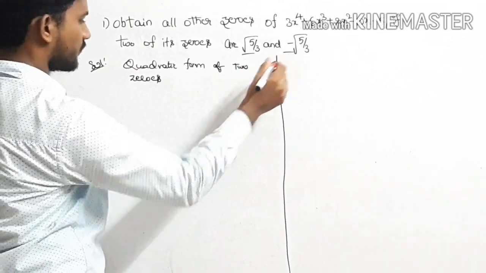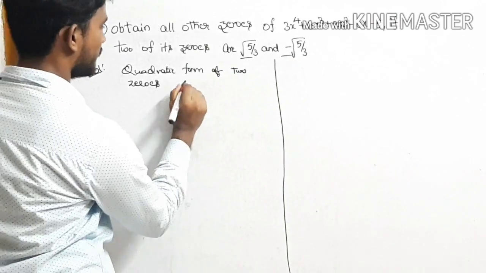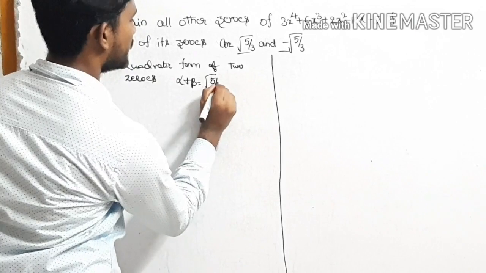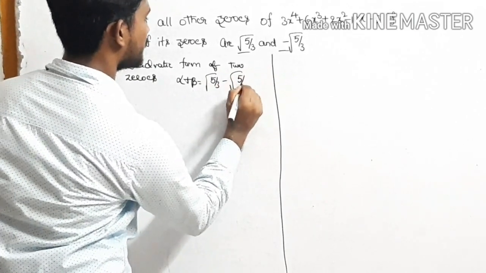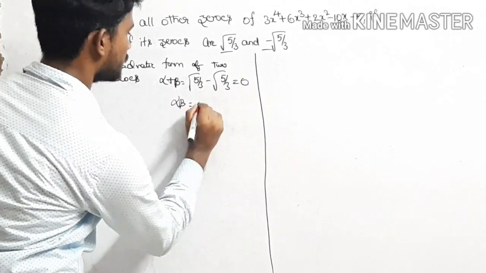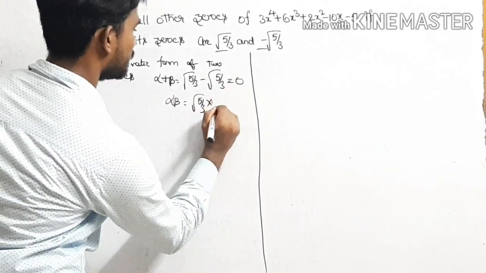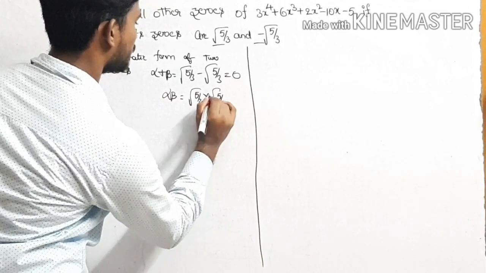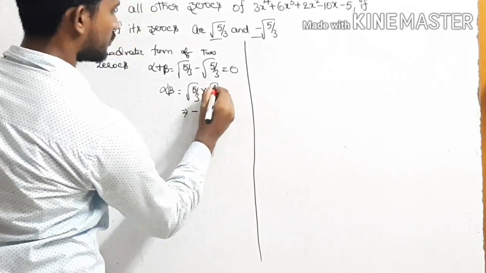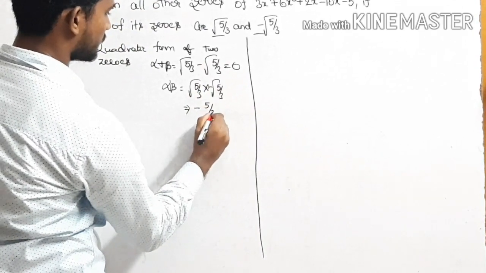Alpha plus beta equals root 5 by 3 minus root 5 by 3, that is equal to 0. Then alpha into beta equals root 5 by 3 into minus root 5 by 3, that is minus 5 by 3.